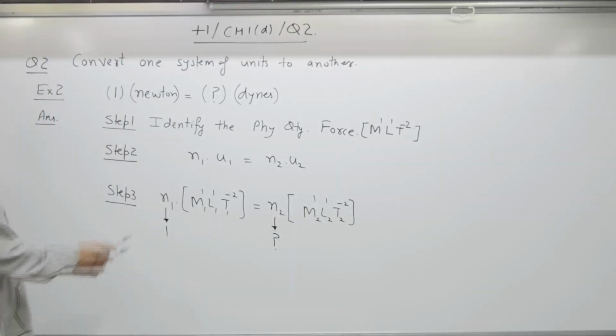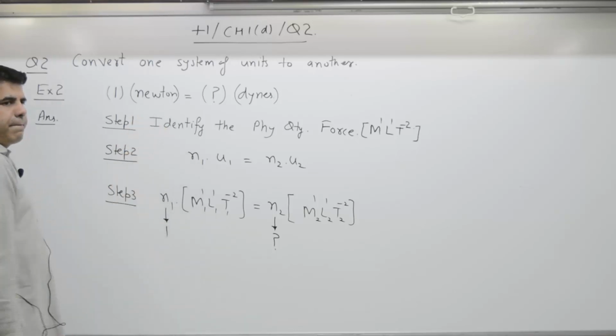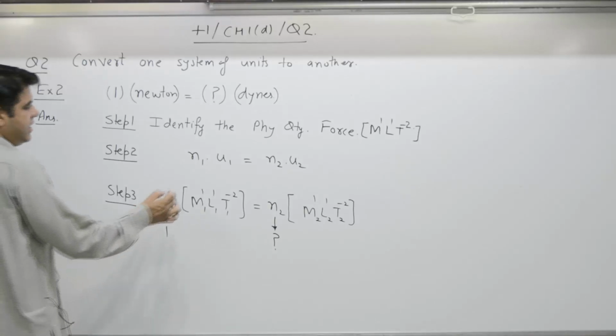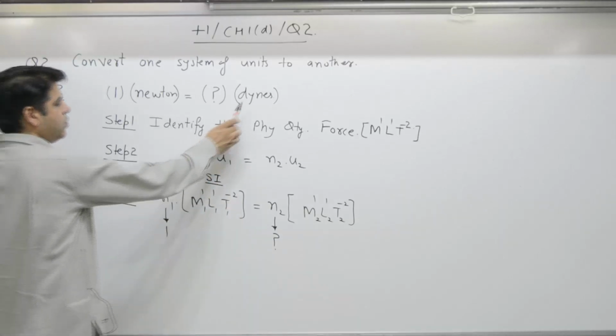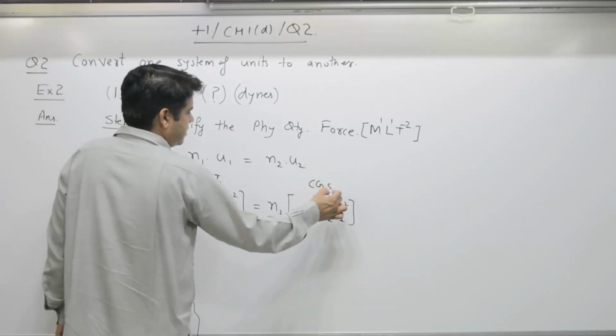This is what type of system? Newton is which unit? Which system? SI, it is SI. Dyne is what? CGS.